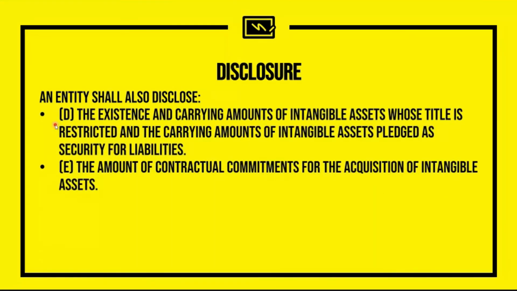Also, aside from A, B, and C, we have the existence and carrying amounts of intangible assets whose title is restricted and the carrying amount of intangible assets pledged as security for liability. So these are for encumbrances and other third-party controls or restrictions. Letter E, the amount of contractual commitments for the acquisition of intangible assets, if any. If the entity plans to purchase additional intangible assets.